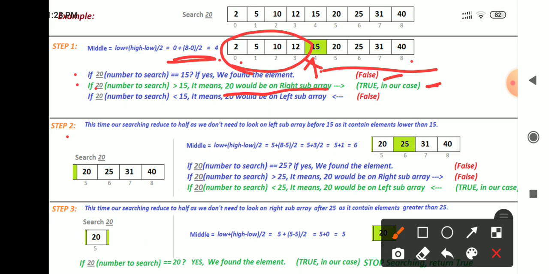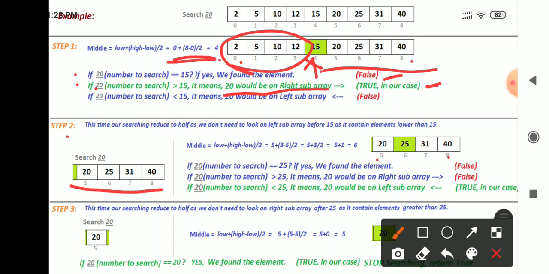Now we have step 2, because it is again an array, so we go for recursion. We again find the mid of this array. Now the low is 5 and the high is 8.